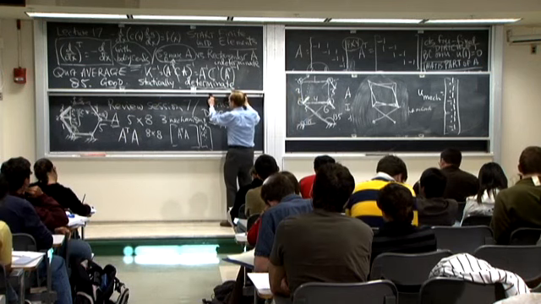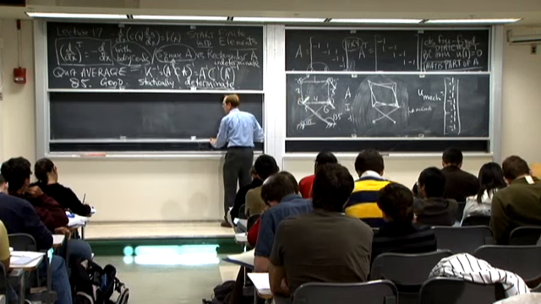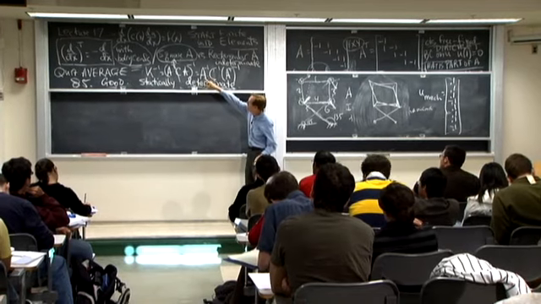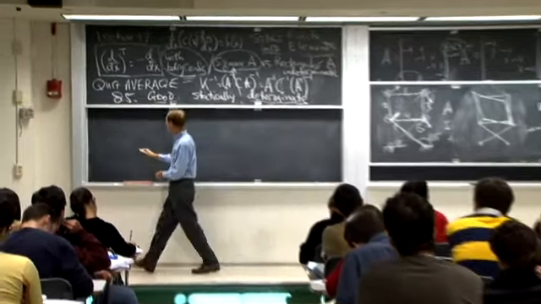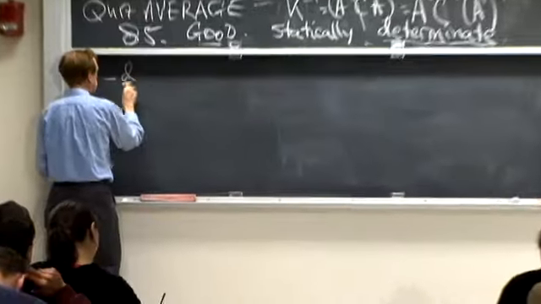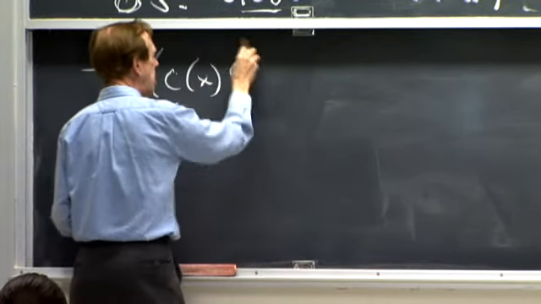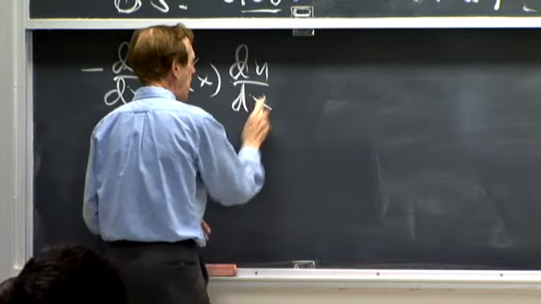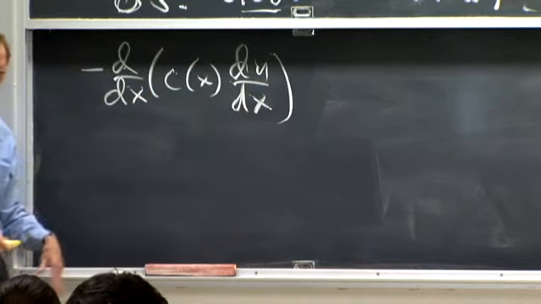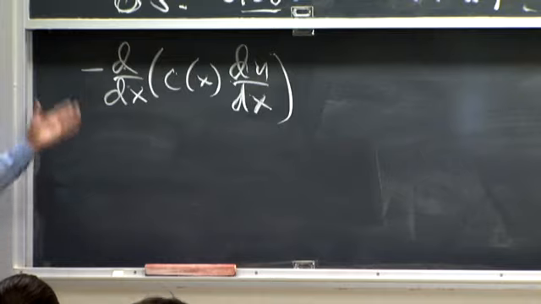Let me just bring down a blank board and ask. So you see the equation? Let me write it again here. I want to replace this equation that has a varying c of x. Well, I won't worry about the right side. It's f's.